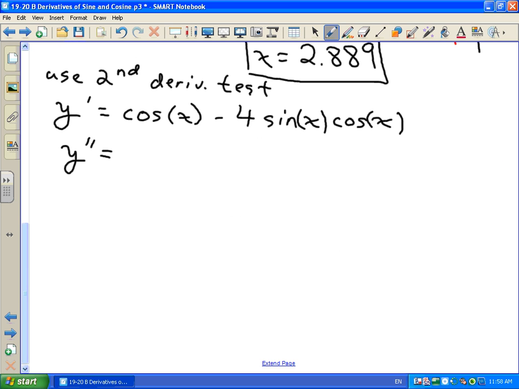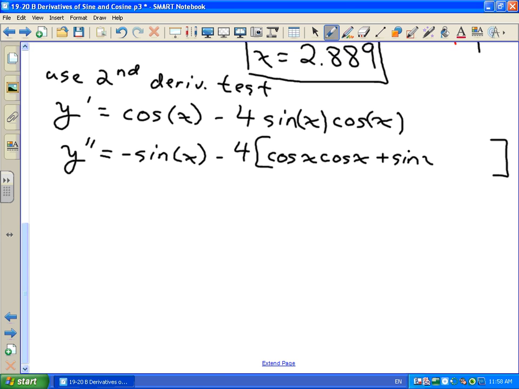So our first term is pretty straightforward. Derivative of cos x is negative sine x. Then we can subtract 4 times the derivative of sine x cos x. Sine x times cos x. We've got to use product rule here. So derivative of sine x is cos x times cos x plus derivative of, we've got sine x, our original u function, times derivative of cos x, which is negative sine x.